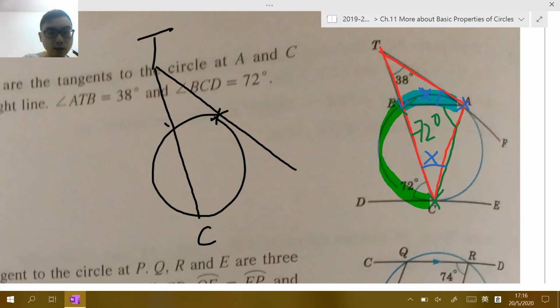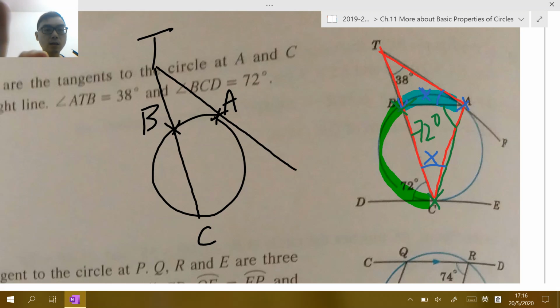The contact point here is called B, and this point is A. At this time it seems you have two lines intersecting each other at T. One is the tangent, one is the secant, or we say the chord extended in this situation.